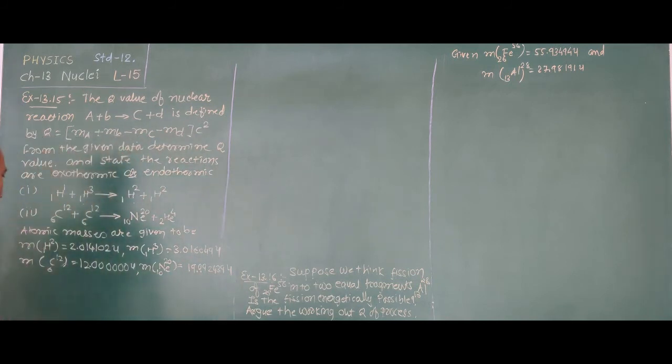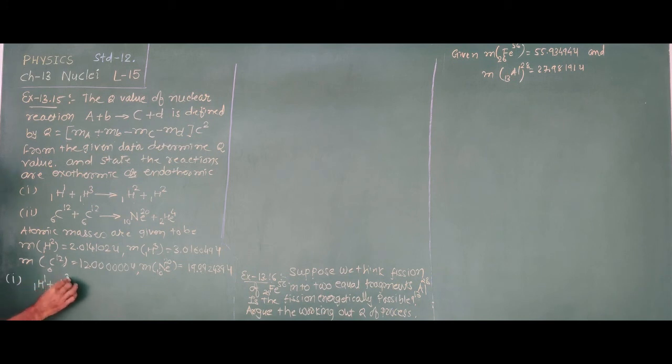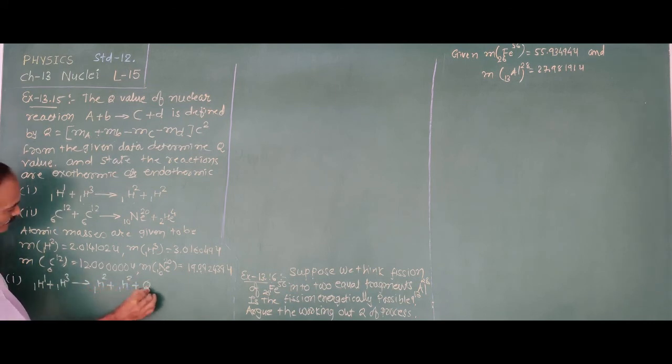Reaction 1 is given as 1H1 proton plus 1H3 converting into 1H2 plus 1H2 plus Q value.